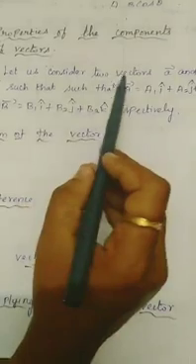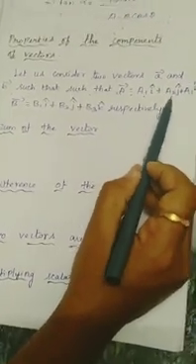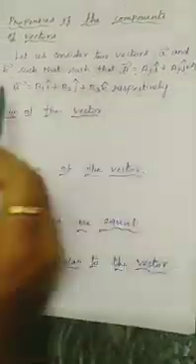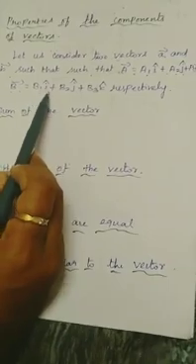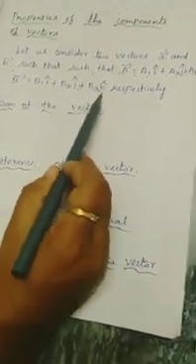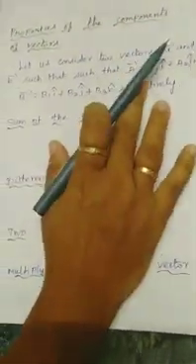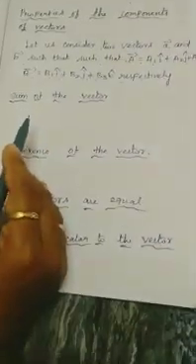Topic is properties of the components of vectors. So let us consider two vectors, that is a vector and b vector, such that a vector is equal to a1 i cap plus a2 j cap plus a3 k cap, and b vector is equal to b1 i cap plus b2 j cap plus b3 k cap respectively. We know that the first property is sum of the vectors.